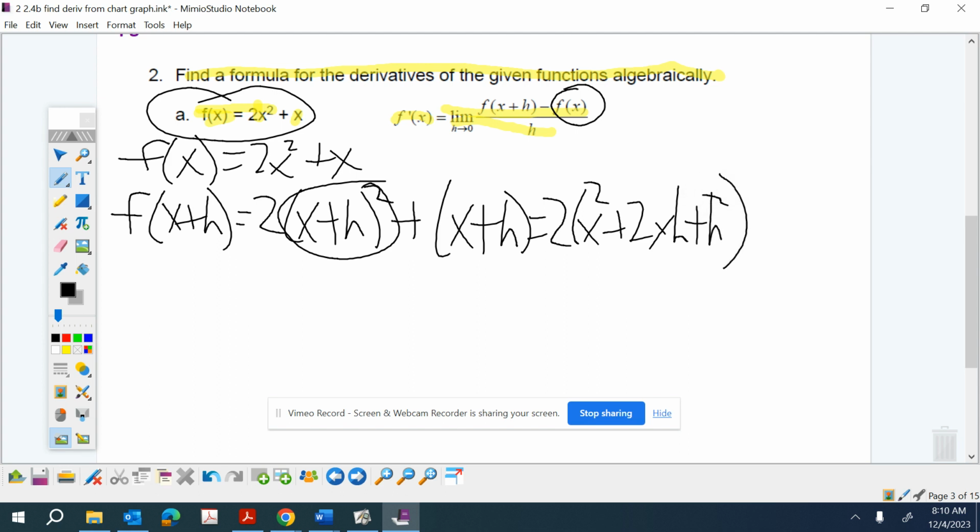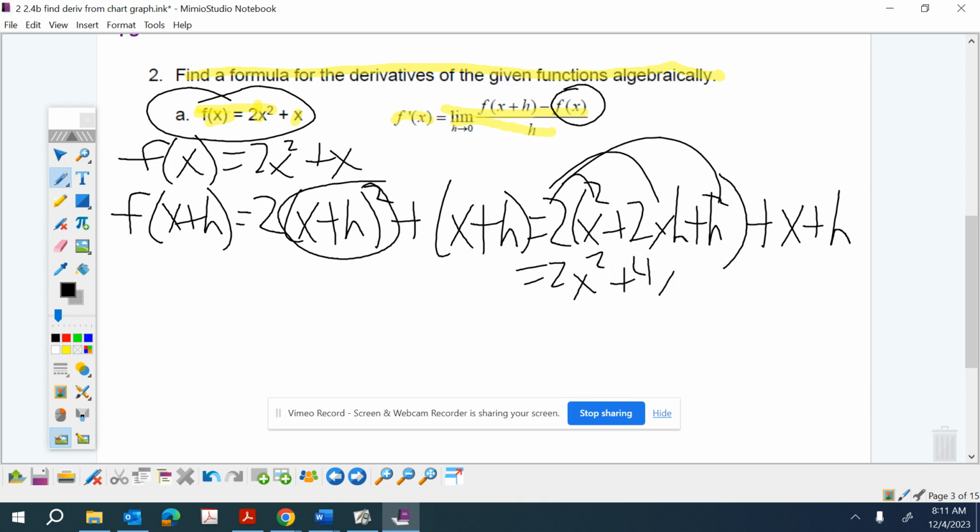All of that is going to be multiplied by 2, and at the end you're going to add another x plus h. Distributing the 2 to all 3 terms, 2x squared plus 4xh plus 2h squared plus x plus h.